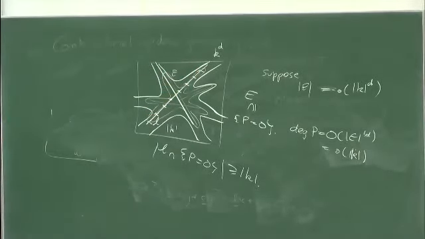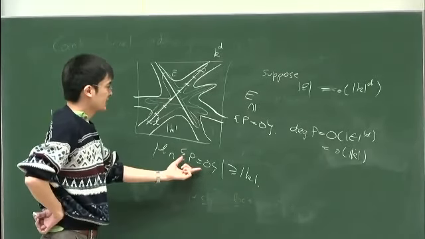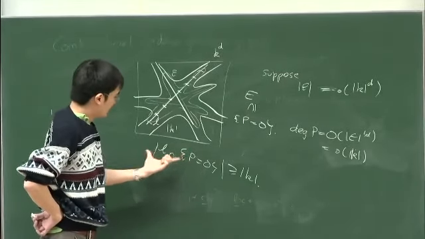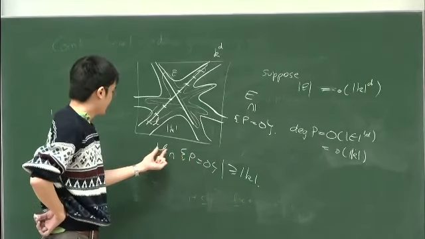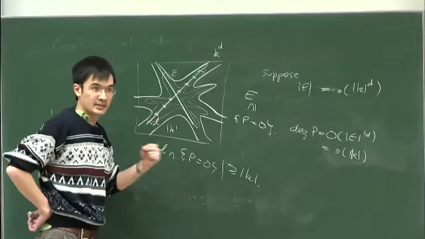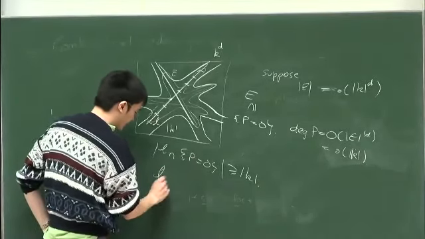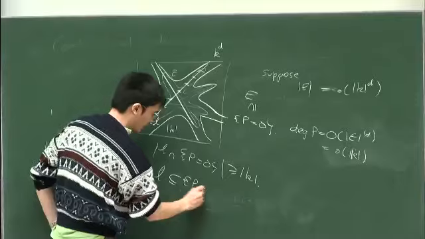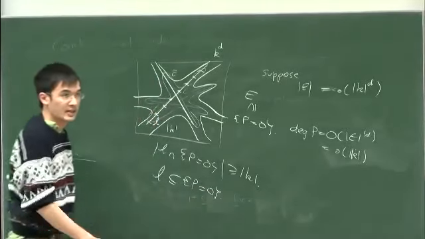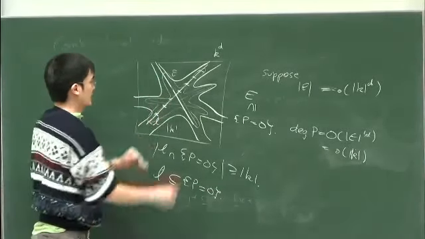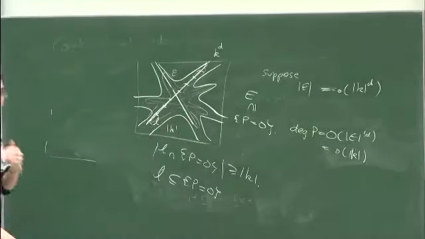On the other hand, the surface has degree less than k, and so by Bezout's theorem, this is not possible unless L is completely contained inside this polynomial surface. So this line actually has to be contained geometrically inside the surface, not just the k points, but the entire line is inside this algebraic surface.